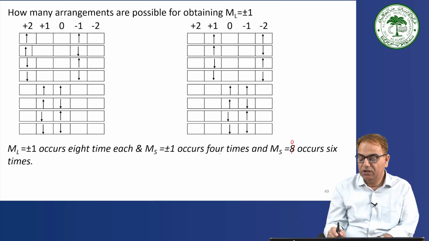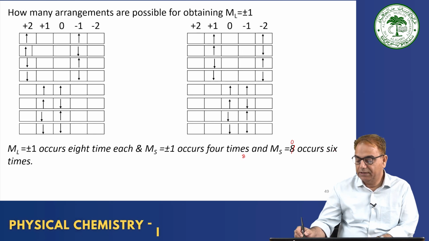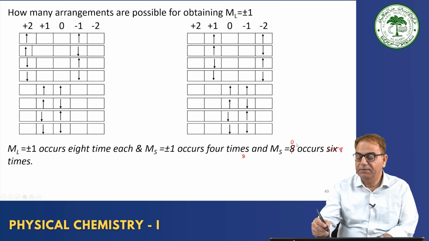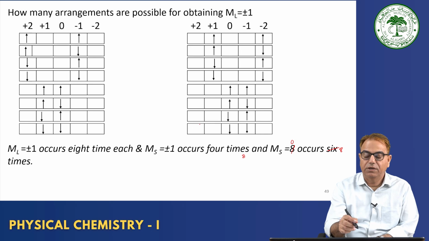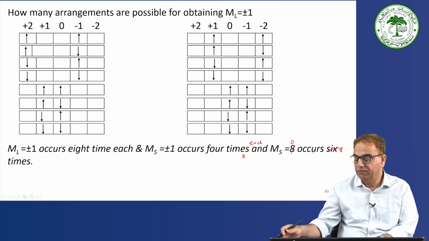So ±1 occurs 4 times each, meaning 8 configurations here, and this also occurs 8 times. So make the correction: you just count the ms value, and you will get the 0 value 8 times. So 4 times each for ±1, and make these corrections, so it will be 16.